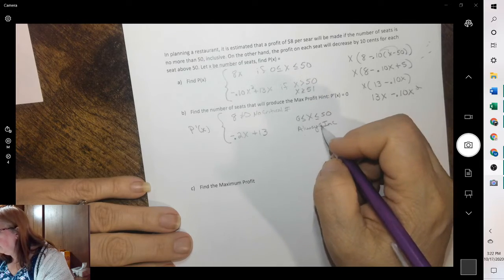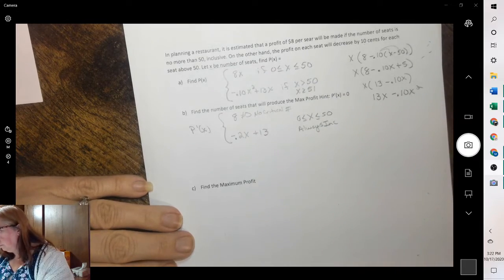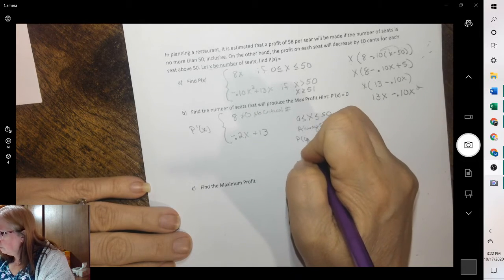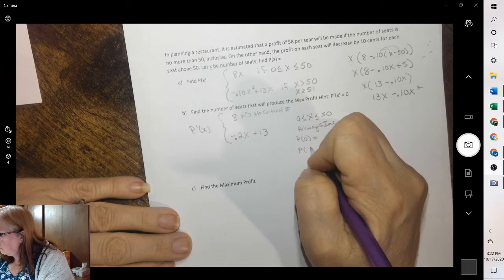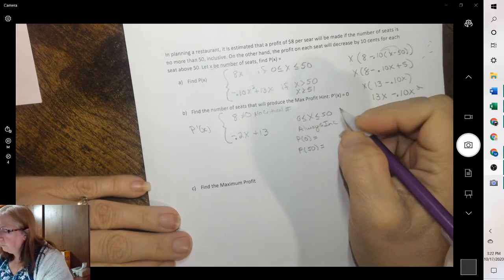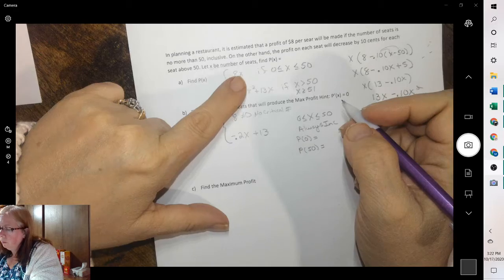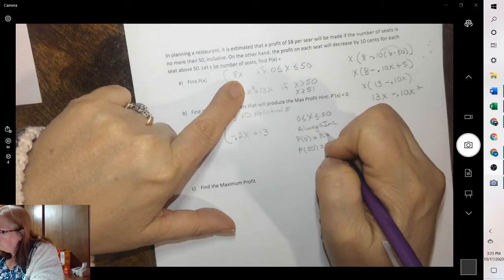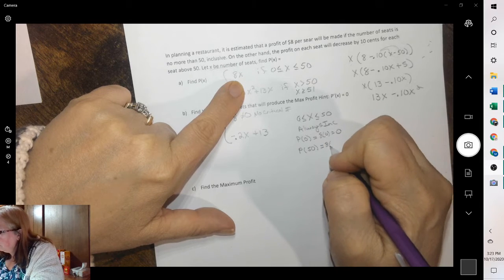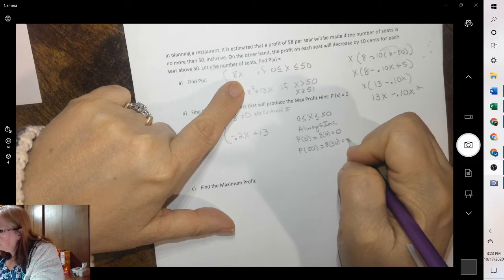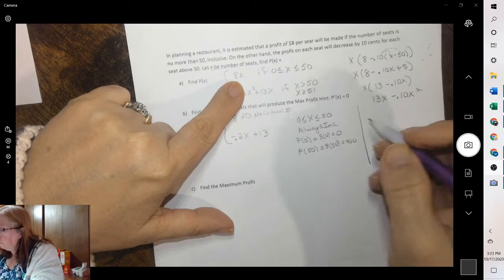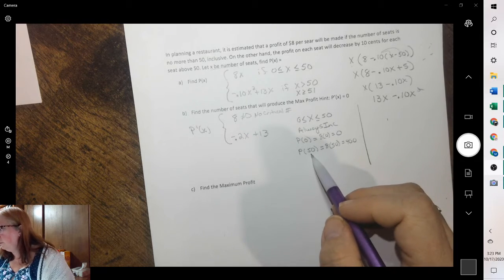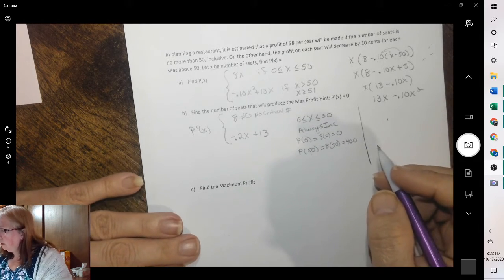Since there's no critical number, plug in our endpoints, into 8x because it's between 0 and 50. So if we stay between 0 and 50, the maximum would be 50 seats and $400.